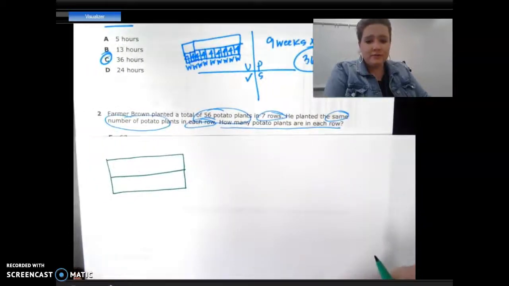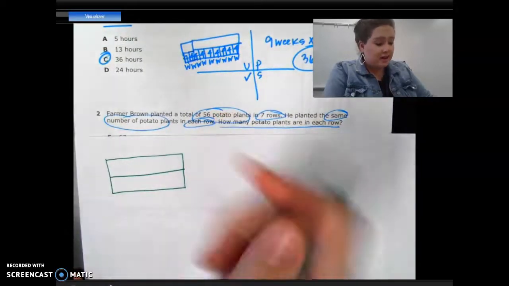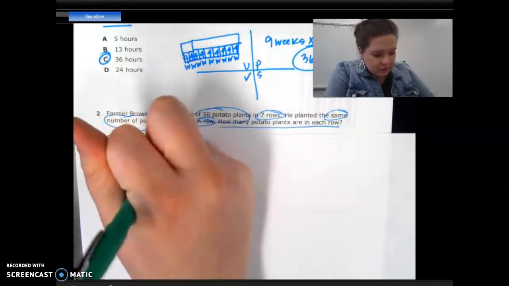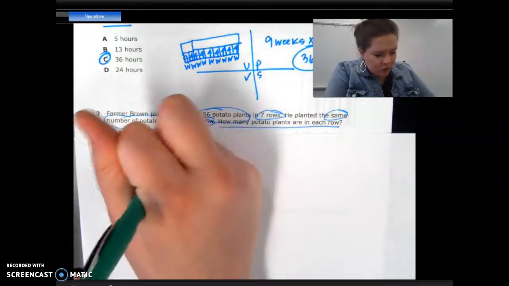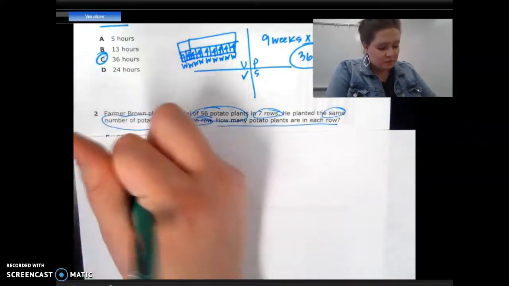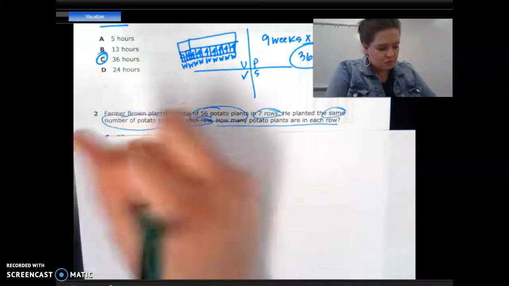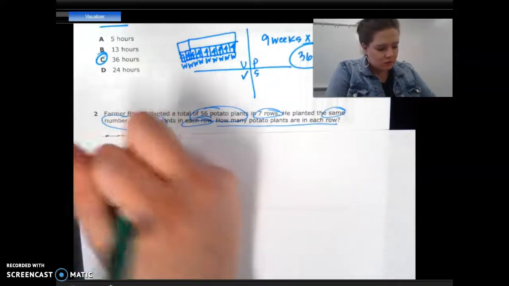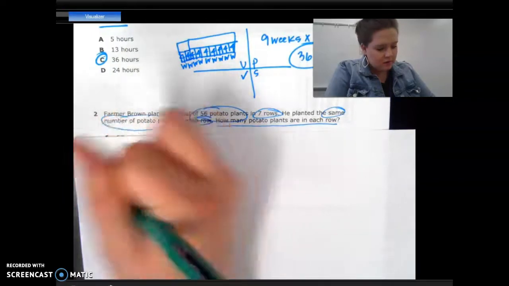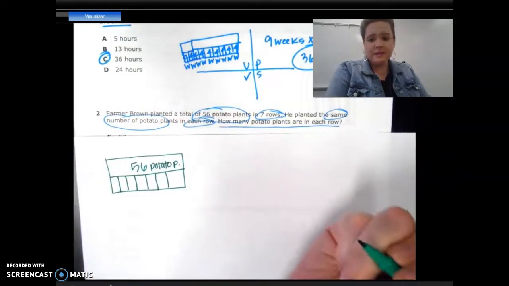There is my strip diagram. We just said that we do have a total, 56 potato plants, and I have 7 rows. There's my 7 rows.